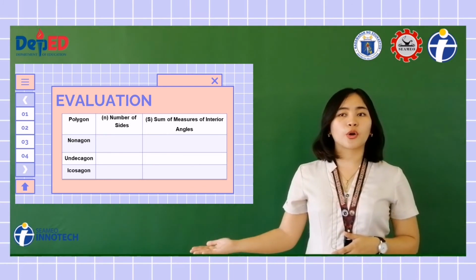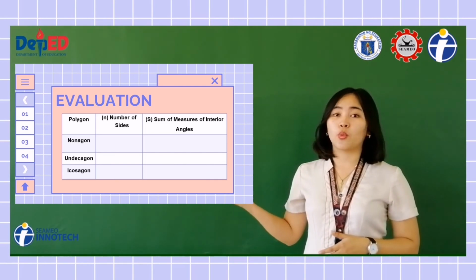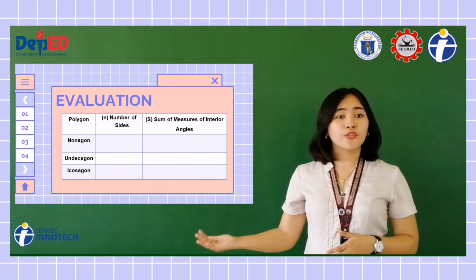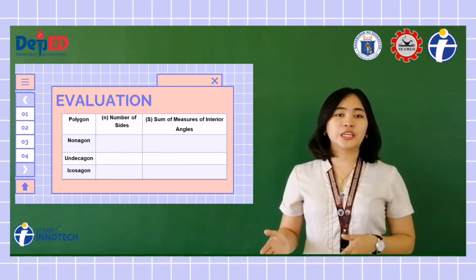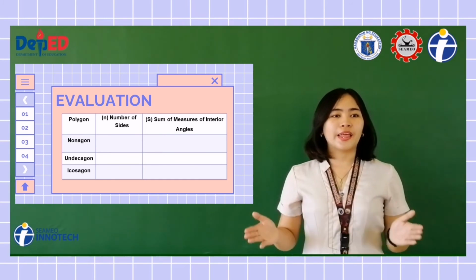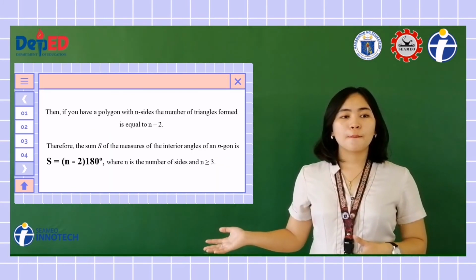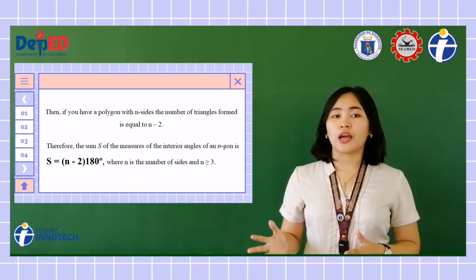Using the formula, S is equal to n minus 2 multiplied by 180 degrees. Therefore, the sum is, very good, 3240 degrees.